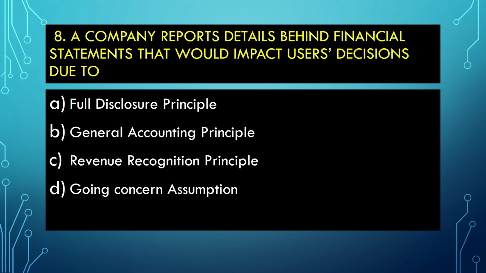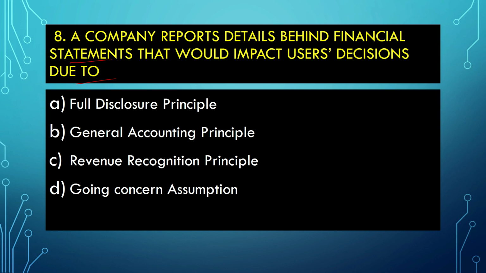A company reports details behind financial statements that would impact users' decisions due to which principle? So a company records not only the financial statement, but after the financial statement there is certain other information that is also added as a note.